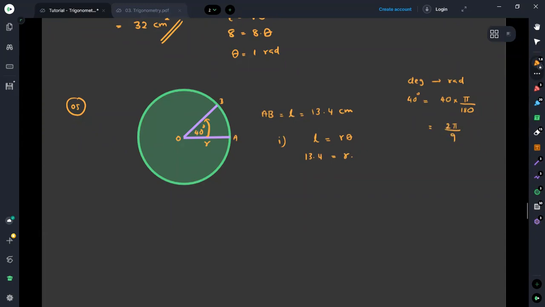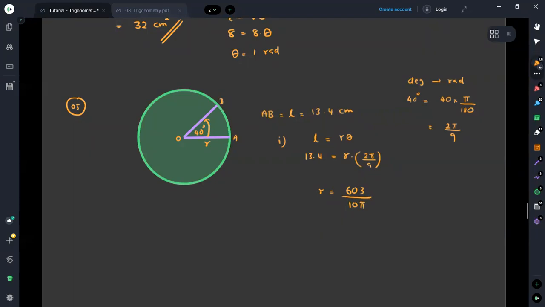Then we can substitute that value. Here it is 2 times pi divided by 9, and using this calculation we can take the value of r as 603 divided by 10 times pi.